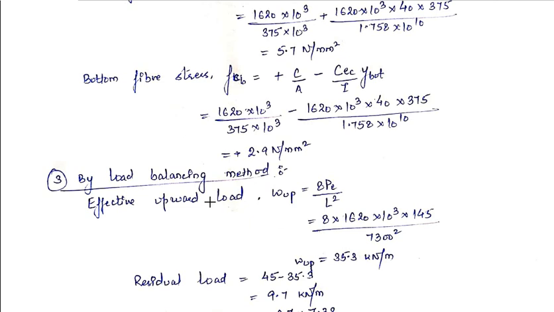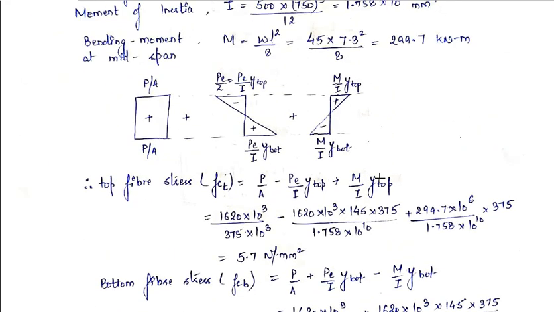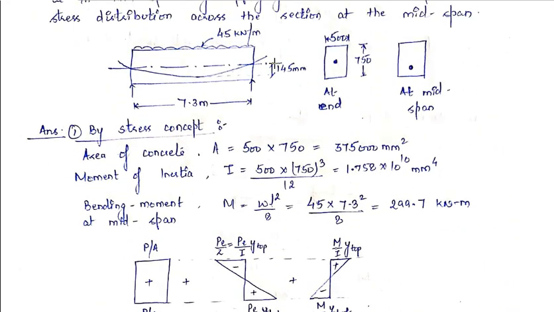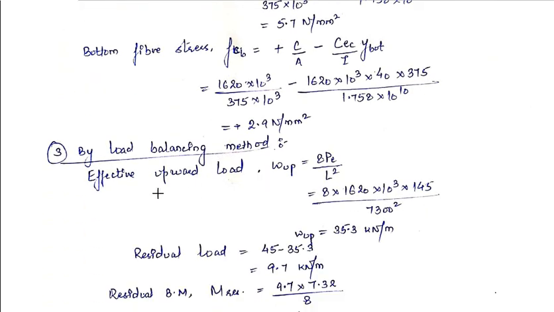Now, by the load balancing concept, we know the effective upward load whenever a UDL acts. In this question we are given that the cable is a parabola, the shape of the cable is of parabolic shape. So we studied in the previous video that for the parabolic profile, the effective upward load is W up equal to 8Pe upon L square.